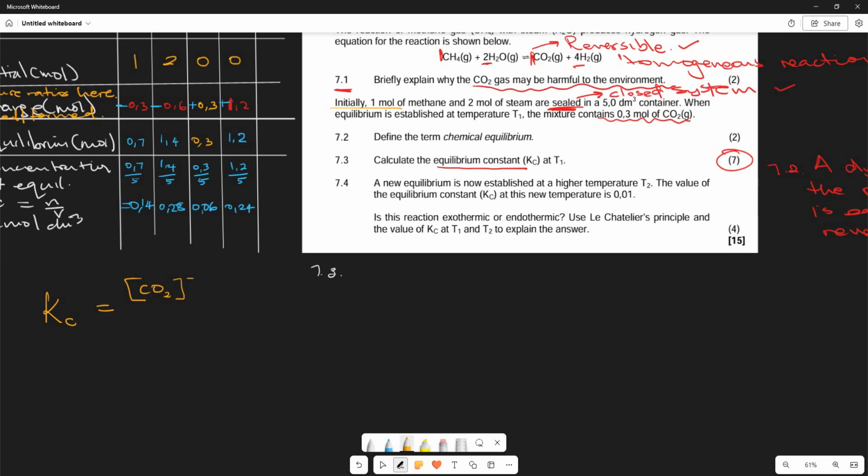It's 1. Then H2, and the stoichiometric value there is 4. And concentration of CH4, exponent 1, and we have the water, so H2O to the power what? 2.